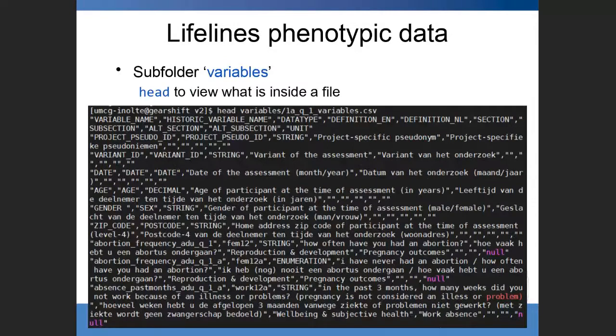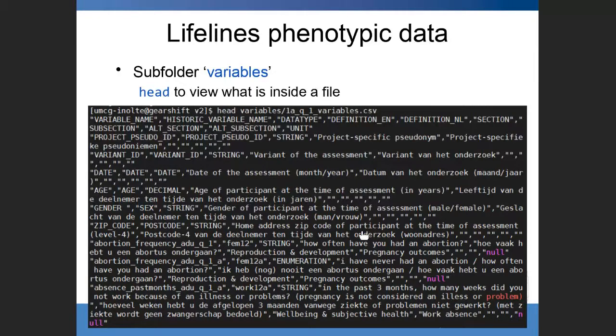To view what's inside a file, you can use the head command in Unix, and that will show you the first 10 lines of a file.